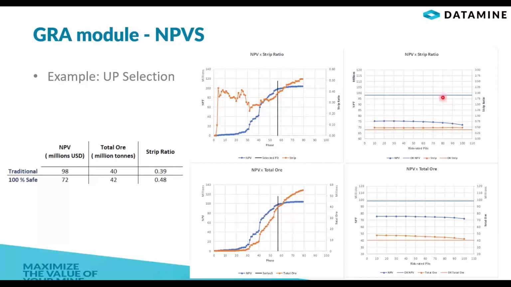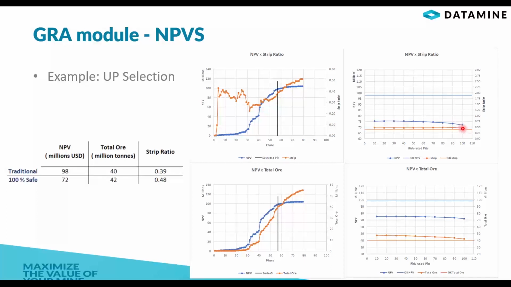On these two charts here, what I have is the risk rated pits, so the 100% safe until the 10% safe. I'm comparing the NPV for, let's have a look at this 100% safe pit. The difference between the NPV is higher.